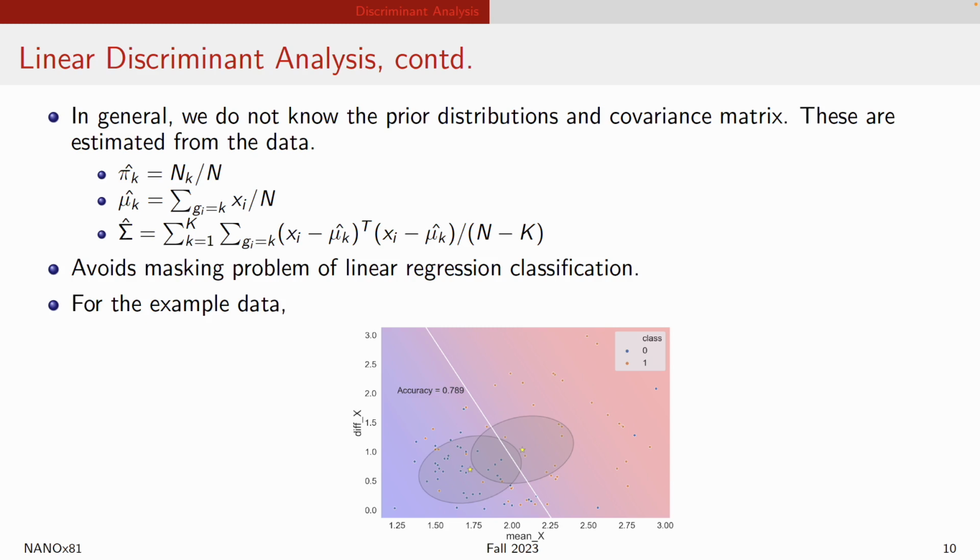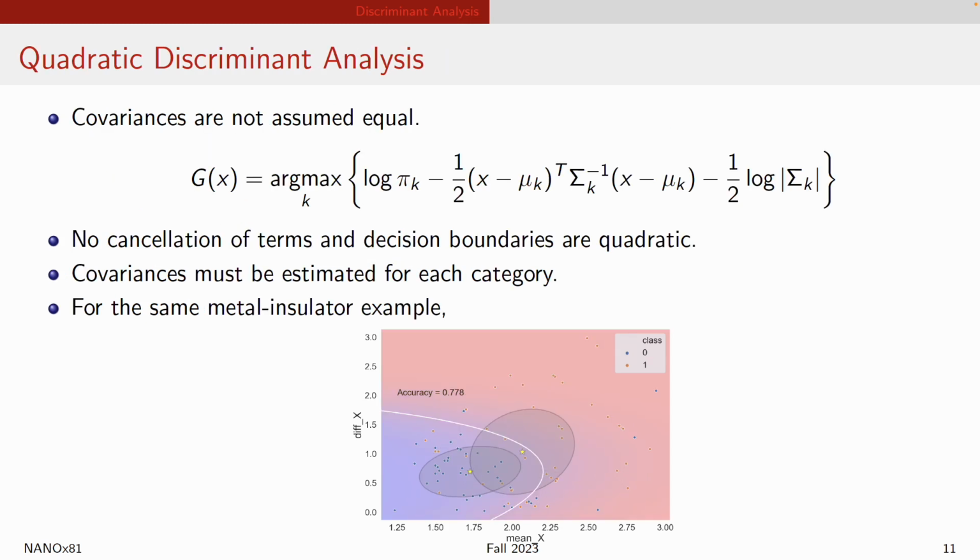Okay, now, if you want to move a step up from linear discriminant analysis, there's also something called quadratic discriminant analysis, okay? Now, the only difference between quadratic discriminant analysis and linear discriminant analysis is the assumption of the covariance, okay? In linear discriminant analysis, we are assuming that the covariances of every single class is exactly the same.